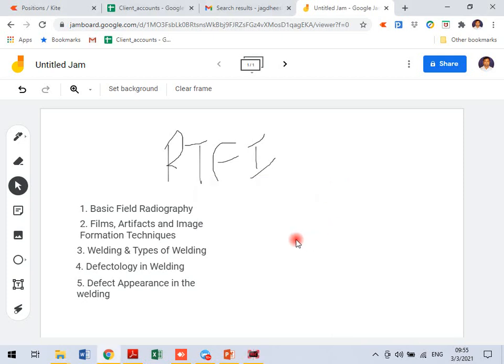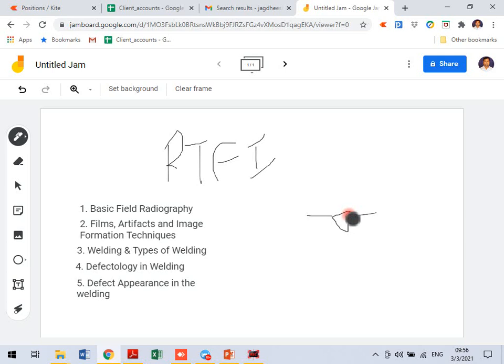Okay, it goes straight. Okay, but how will you see, for example? As you said, there is a welding. So this is a welding.